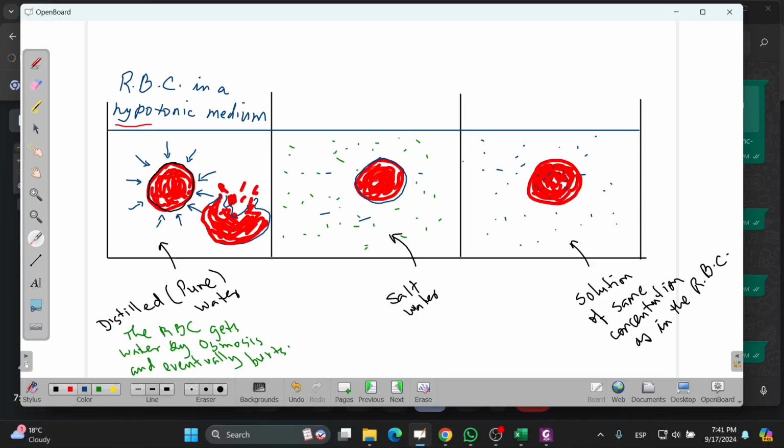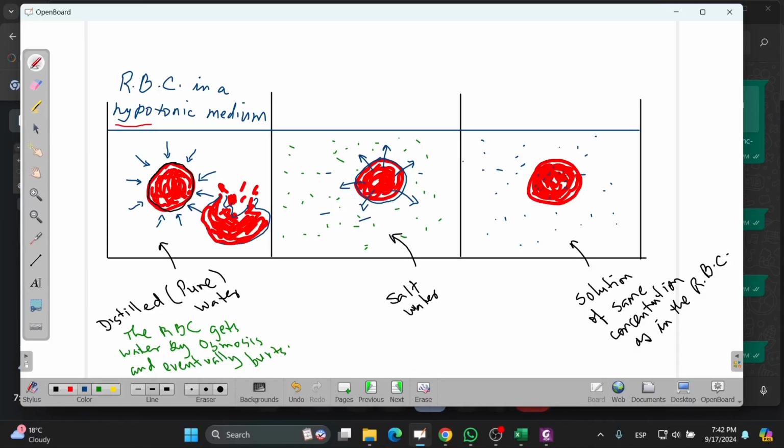So when it is more concentrated outside, in which direction will the water move? Into the cell or out of the cell? In this particular case, water will be coming out of the cell into the surroundings.